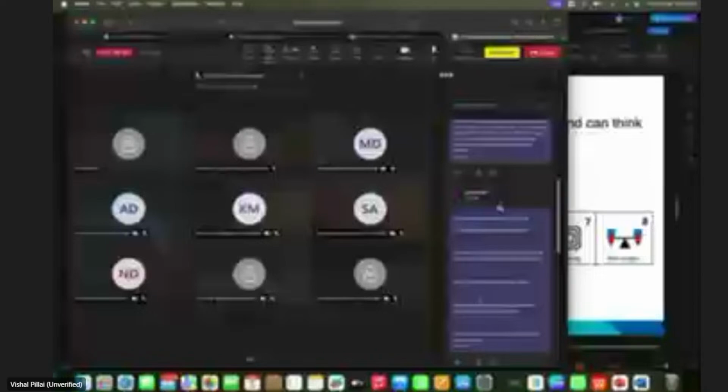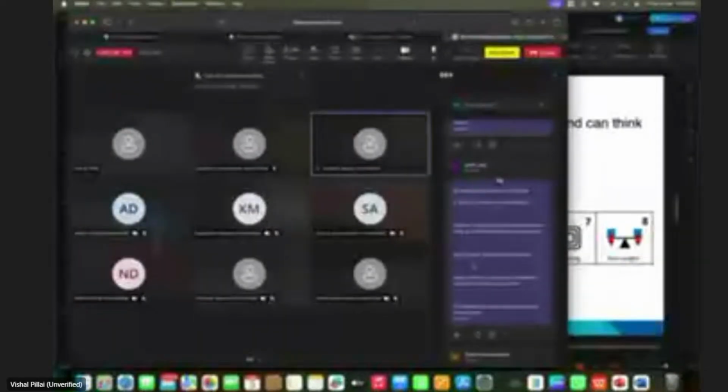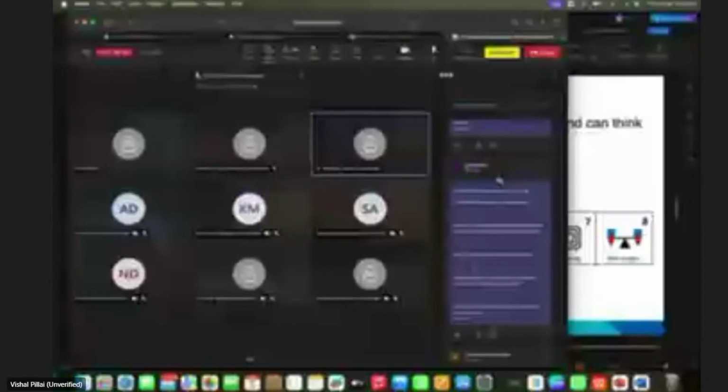Sir, I would like to come in for a moment here. The student innovation category problem statements are out, but previously we were allowed to put our own problem statement. Now also we are allowed to put the problem statement, but the category is provided now on the Smart India Hackathon site.